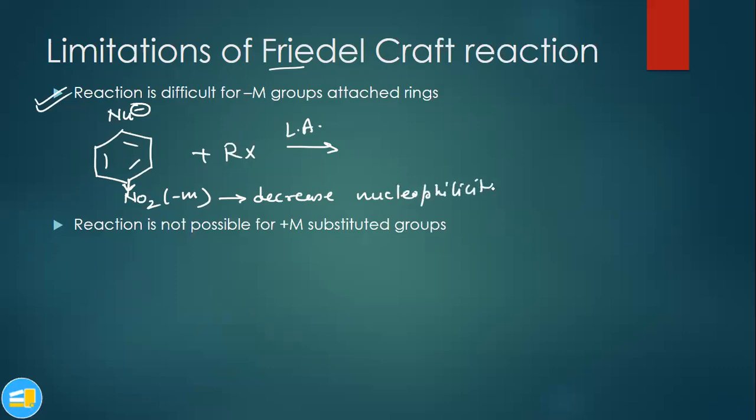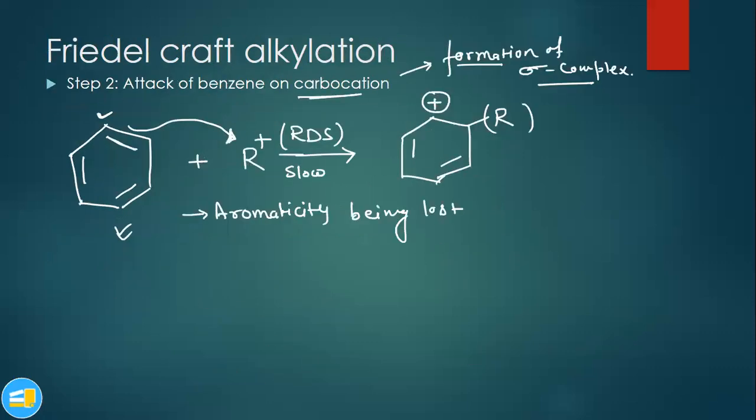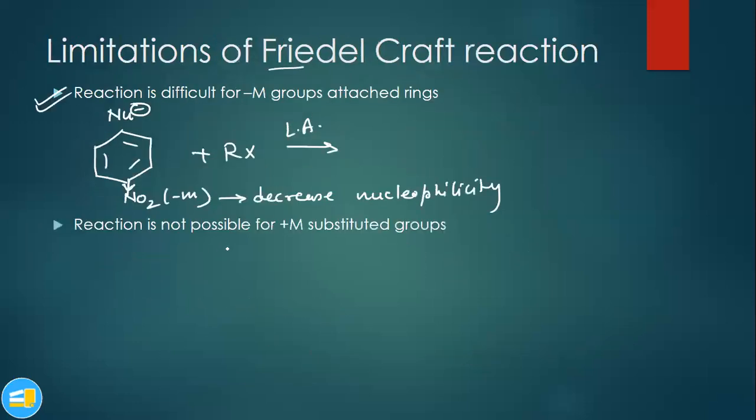Now, if the nucleophilicity of the ring is decreased, you know that the second step of the reaction, which is the rate-determining step, is where the nucleophilic ring attacks the electrophilic carbocation. If nucleophilicity is decreased, it definitely means the rate of reaction will decrease. And if the minus M group is very strong, then this reaction will not take place at all. Why?